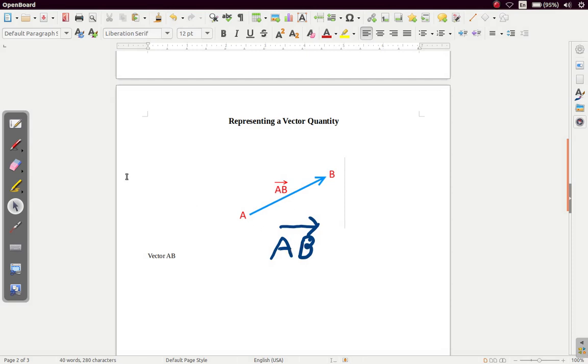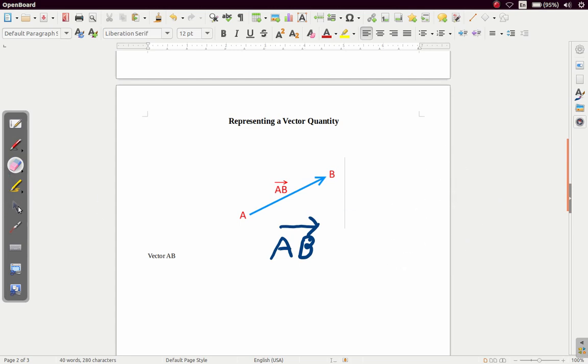Of course, if you have a different vector somewhere that you drew like this and say this is CD, you can call this vector CD with the arrow at the top. So anytime you write this with the arrow, you know that this is the vector you're talking about. So you give that vector that name.